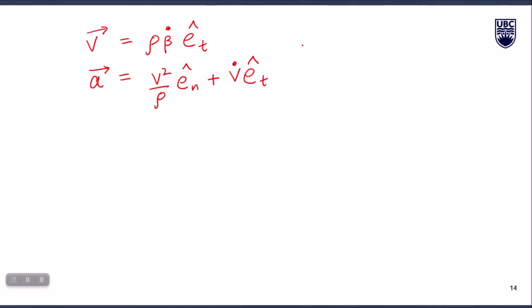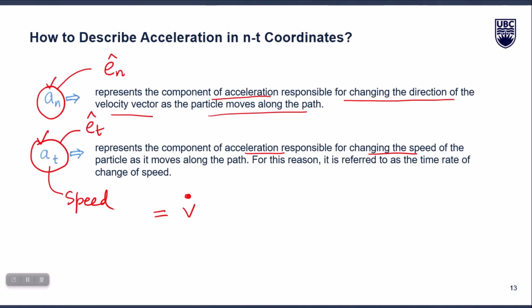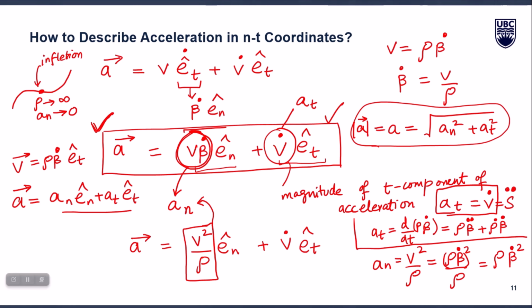This gives us several scalar relationships also. For example, v is equal to rho beta dot. Similarly, this quantity v squared over rho is the magnitude of the n component of acceleration, and this can also be written as v beta dot.